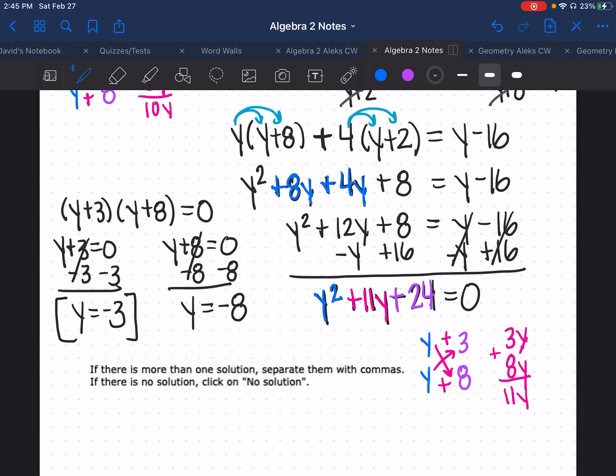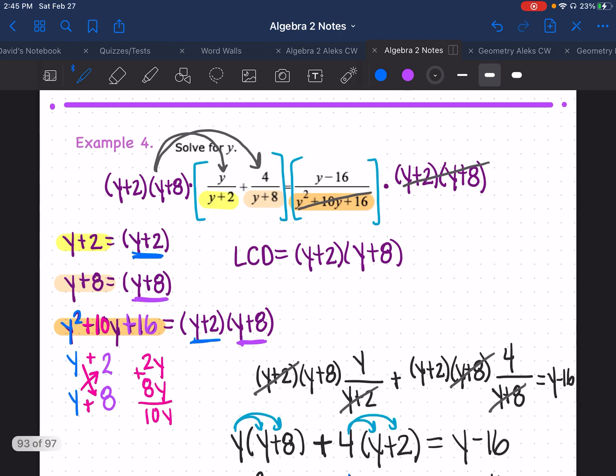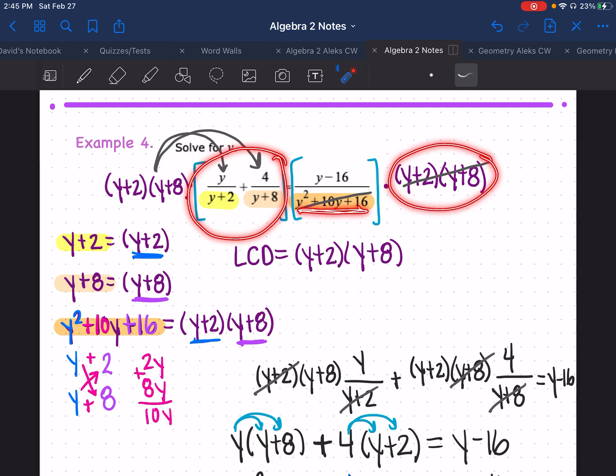Let's now check -8. Come back up here. Remember, you're only checking this side because the other side is exactly the same. The denominator over here is exactly the same. Remember, that's how we could cross it out. -8 plus 2 is -6.